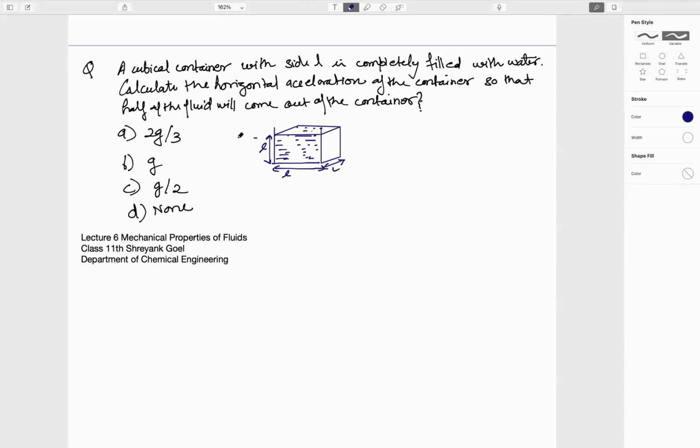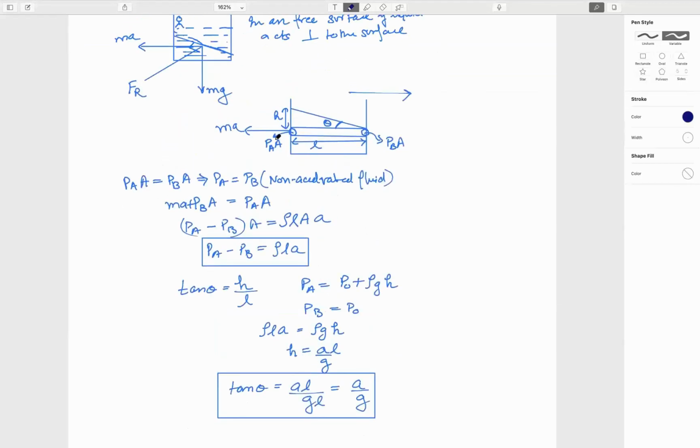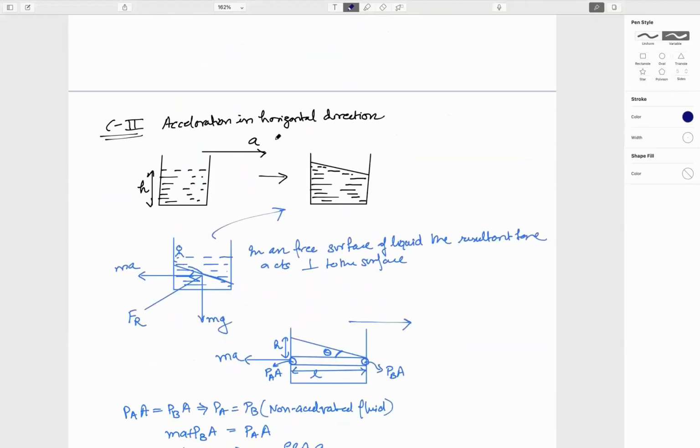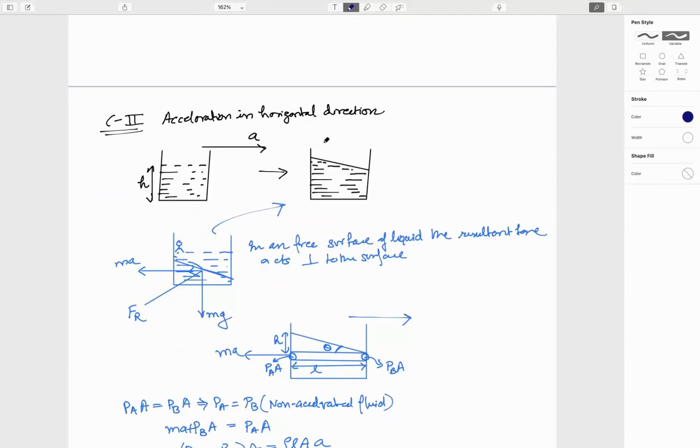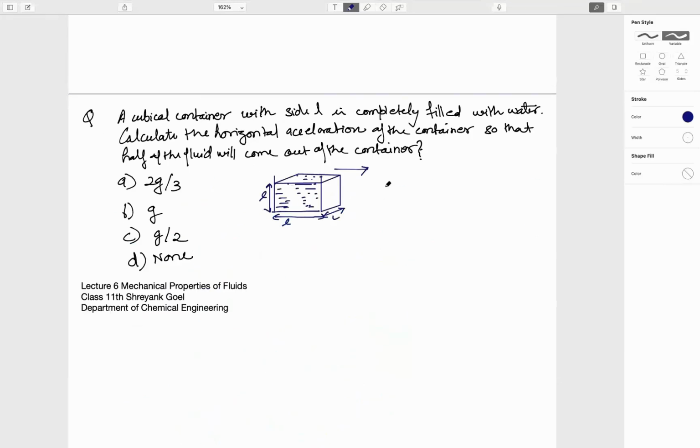And let's say the acceleration is in this direction. I have already discussed what will happen if the acceleration is in this direction: we will have a shape of the interface something like this, when I'm taking a 2D picture of it. So this is at t equals 0.